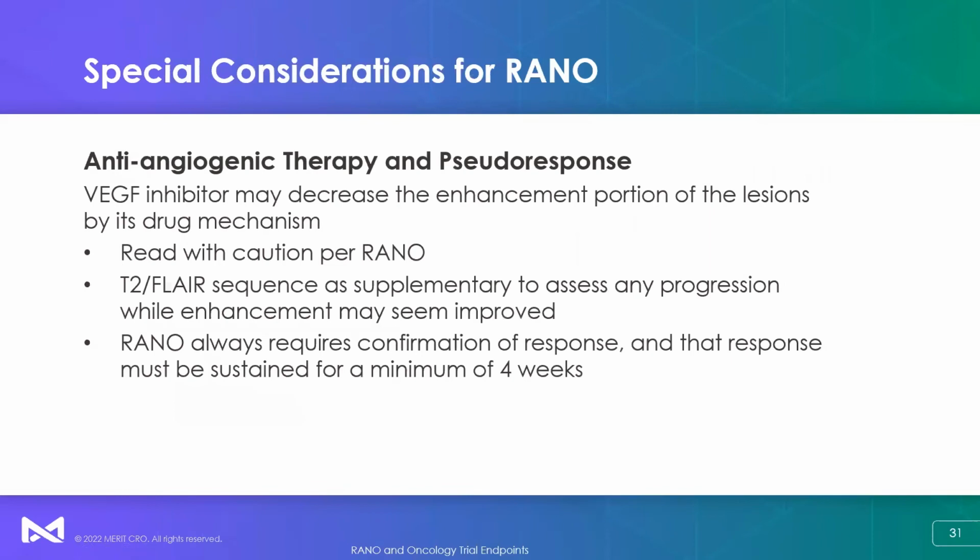There are some special considerations for RANO, and one is pseudo-response, which can be caused by anti-angiogenic therapy. Anti-angiogenic therapy blocks vessel generation and blood supply to the tumor region, and that's the primary mechanism by which those types of medications work.